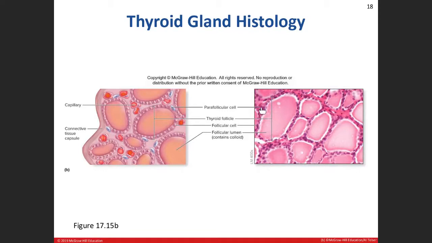Here's a good parafollicular cell on the outside, here's another parafollicular cell. So if it's not in the wall of the follicle, or immediately surrounding the colloid, and it's outside, that's a parafollicular cell. If it's on the inside, it's a follicular cell.